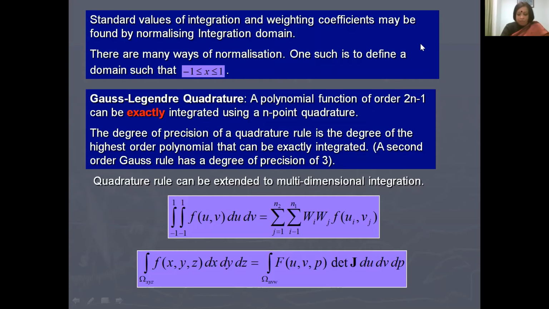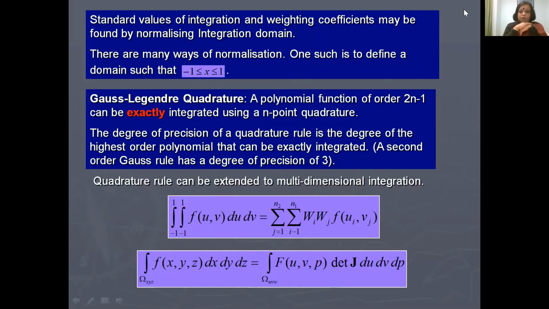I'm going to show you one of the Gauss quadrature tables later, and you will see that if you are integrating over a domain -1 to +1, you are given what your sampling points x's are. How many sampling points do you need? So the value of M is given to you. The x's are given to you, so you can evaluate f at these x's, and the weighting coefficients are also given to you.